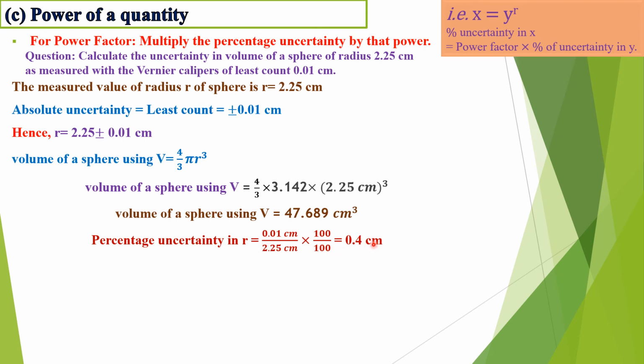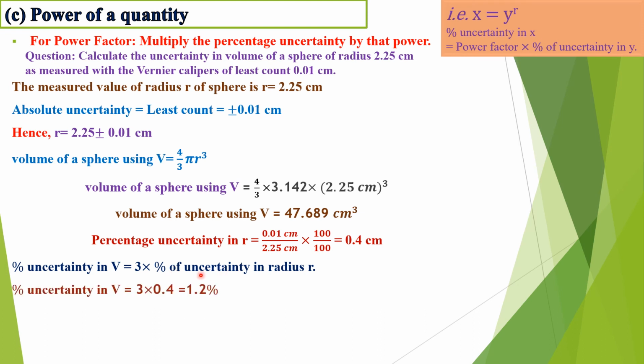Now we can multiply this by power factor 3 to get the percentage uncertainty in volume, and finally we get percentage uncertainty in volume is equal to 1.2%. By applying the power of a quantity rule, we got the percentage uncertainty in volume.